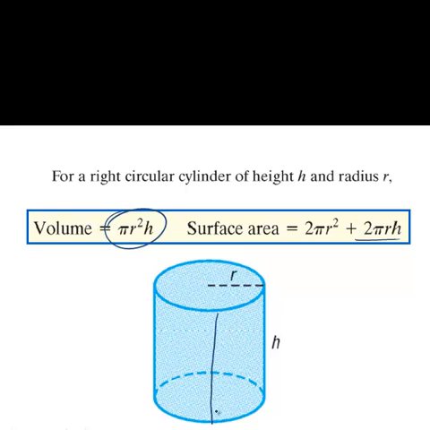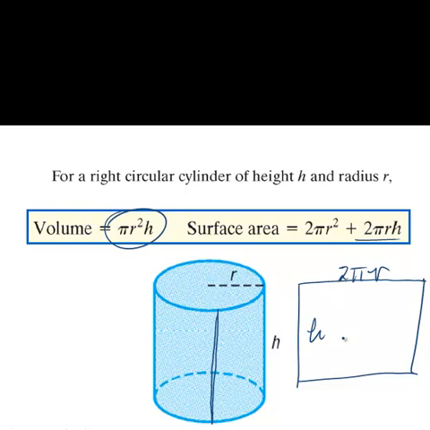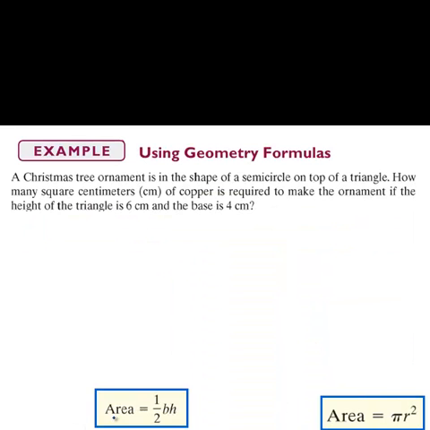Imagine if you were to take the side of this can after you punched out the top and the bottom, and you were to snip down the length of this and roll it out, flatten it out. What would you have? You would just have a big long rectangle. And the length of this rectangle is 2 times pi times r, and the height is h. So 2 pi r h will be the area of the lateral surface. So plus the area of the top and the bottom will give you the surface area of the right circular cylinder.